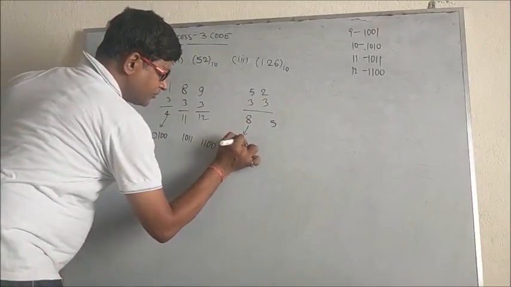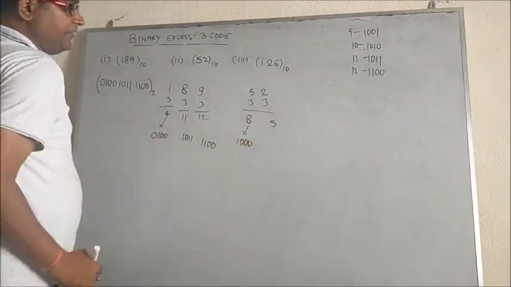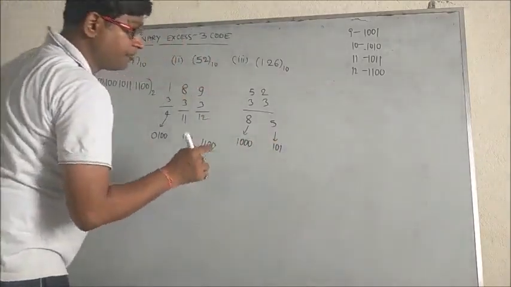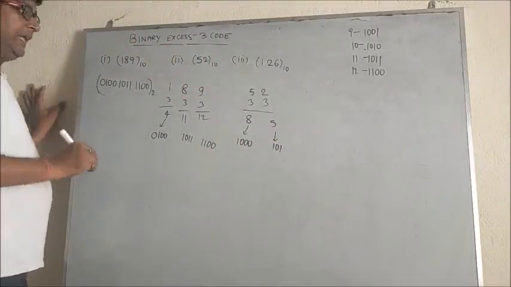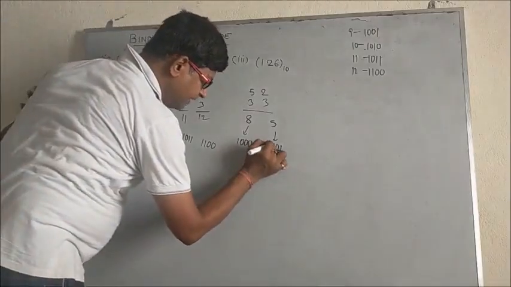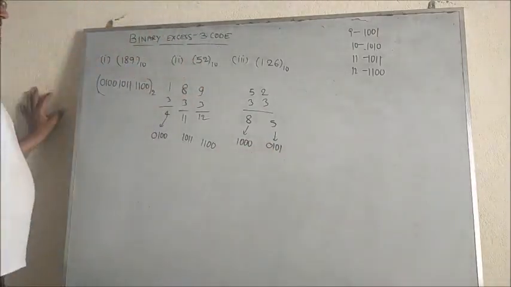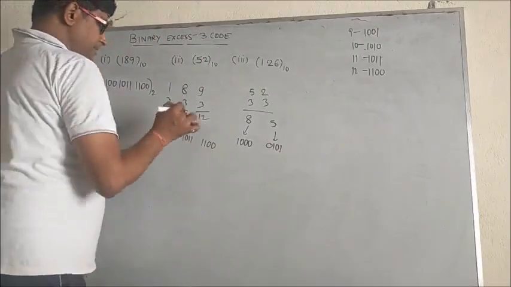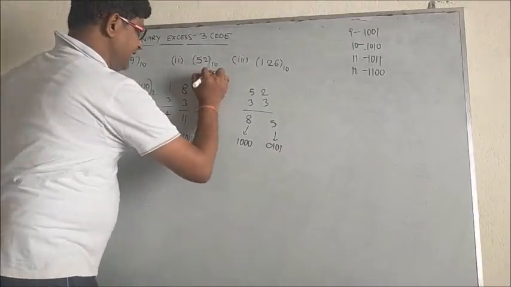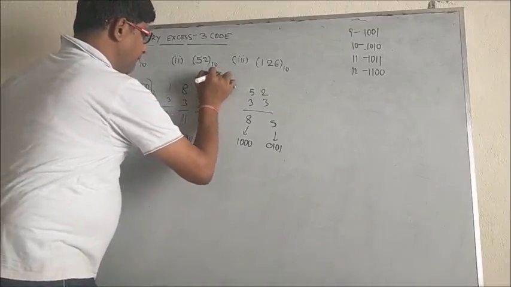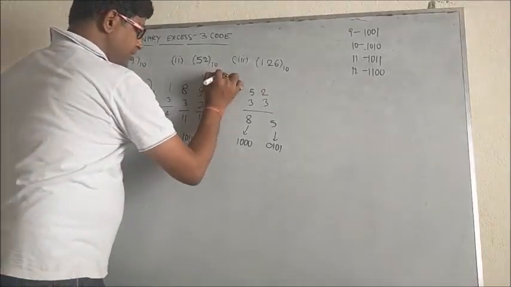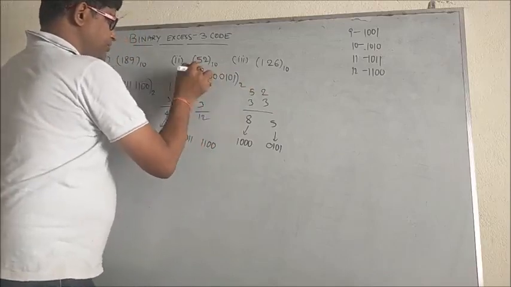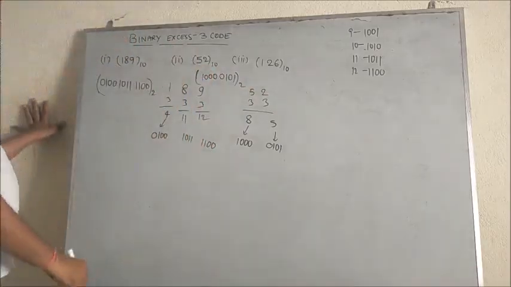That is 1000. What is 5? 5 is 101, but if you represent it in 4 digits, it will be 0101. So its binary equivalent is 1000 0101 to the base 2. Please don't forget to use base 2.